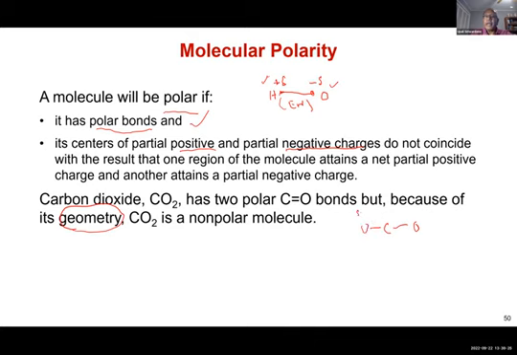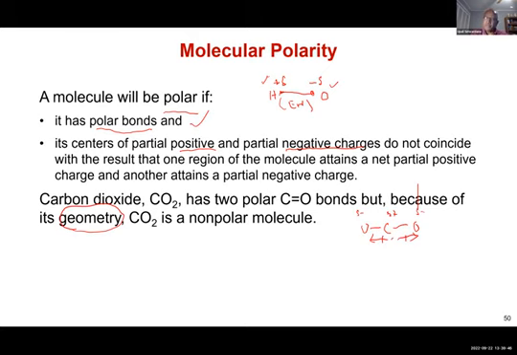There's a negative charge here, a negative charge there, and a positive charge in the middle. Therefore, dipoles are written as arrows, and you're going to see how the arrow represents a dipole.